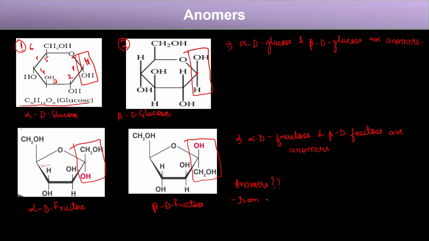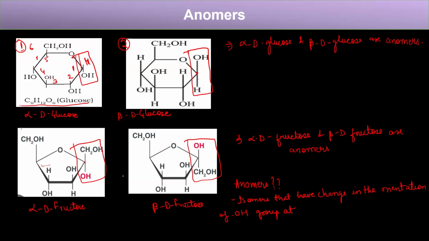These are isomers that have a change in the orientation of the hydroxyl group. OH group is the hydroxyl group at one carbon position. And what is that carbon position?